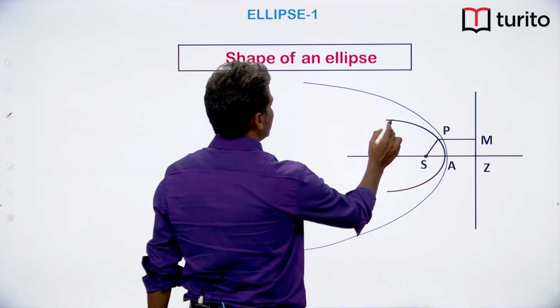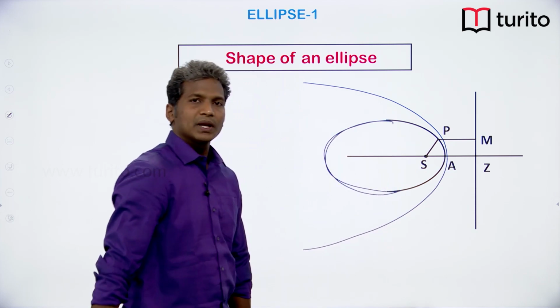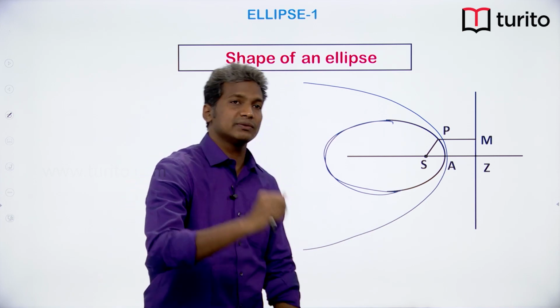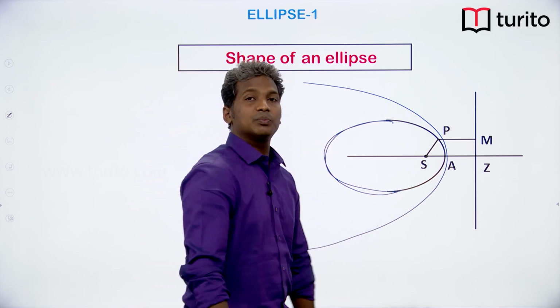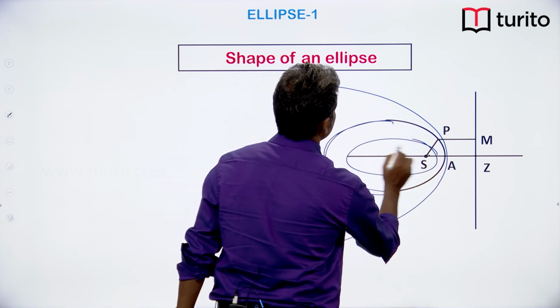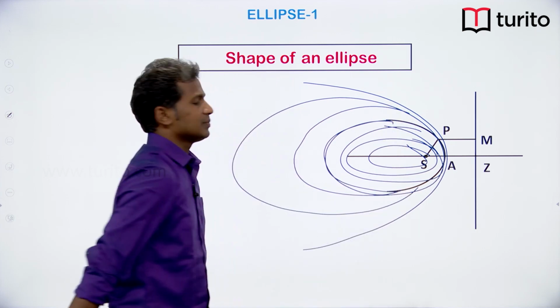For e less than 1, and if e is one particular constant, we are getting an ellipse like this. Suppose if e is 0.5, we got this ellipse. What if e is 0.6, we will get another ellipse. What if e is 0.7, we will get another ellipse. So like this we will get many ellipses here.